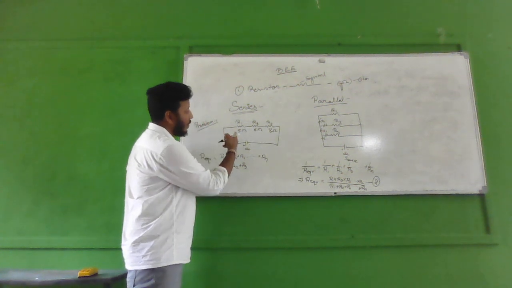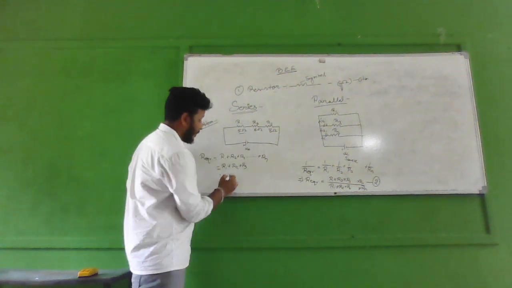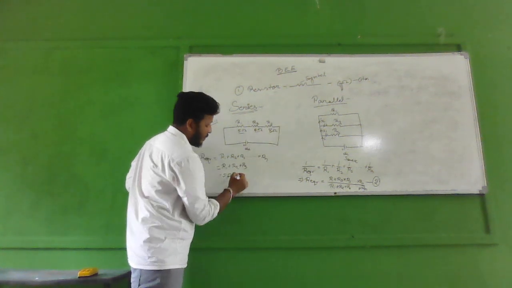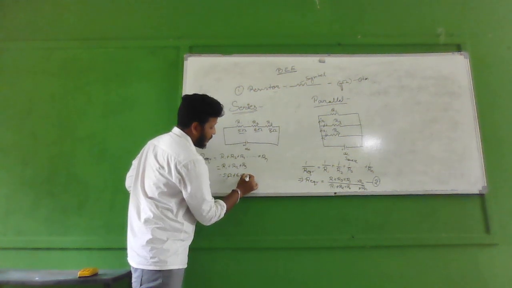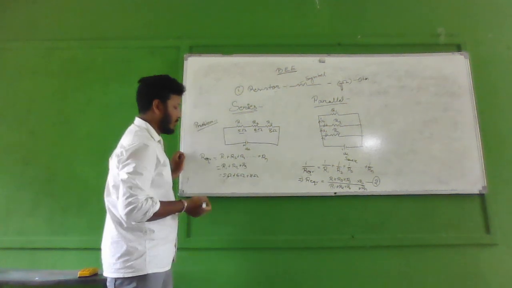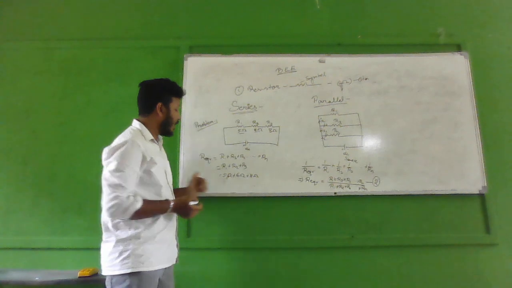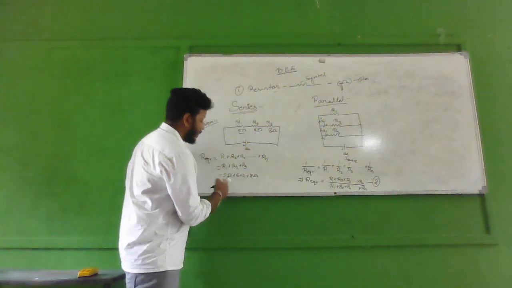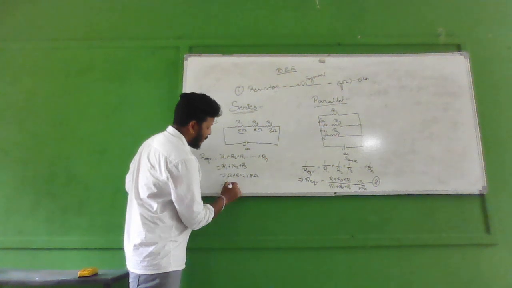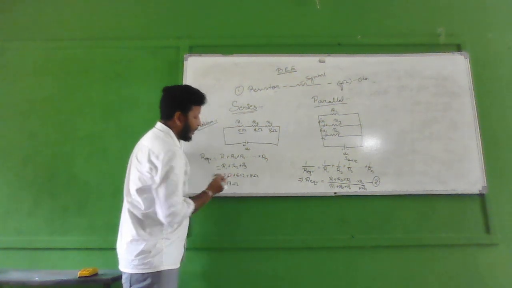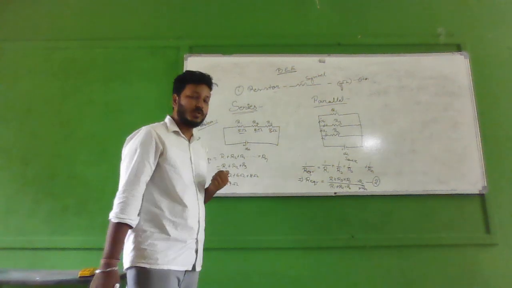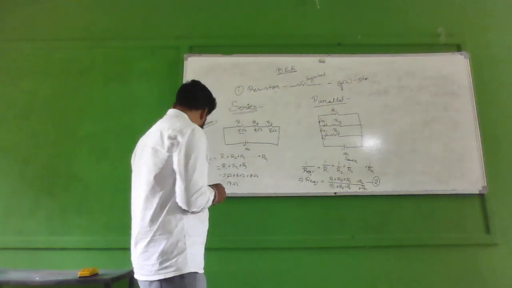The value of R1 is 5, the value of R2 is 6, the value of R3 is 8. By adding these, we get 6 plus 5 plus 8, which is 19 ohm. A simple problem and simple solution, as you can see.